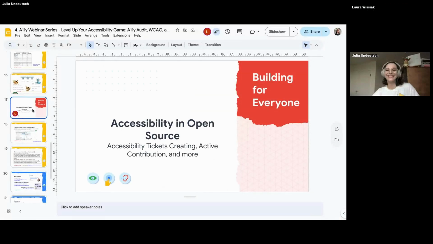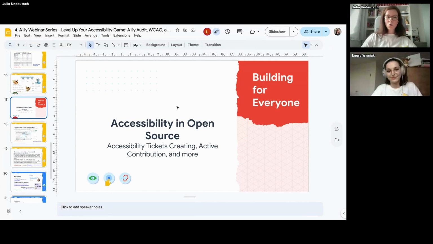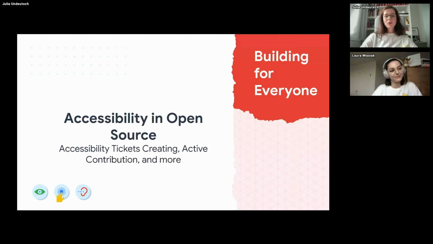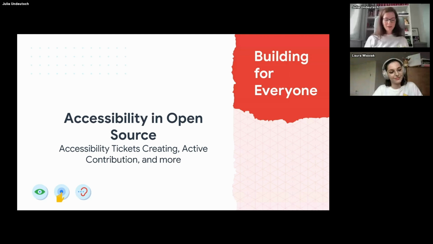So for the last part of today's session, we're going to talk about accessibility in open source. And why I think it's important is because open source in general is already something complicated. I know that. I also started out as a self-taught developer, so for me it was like, how can I gain experience?